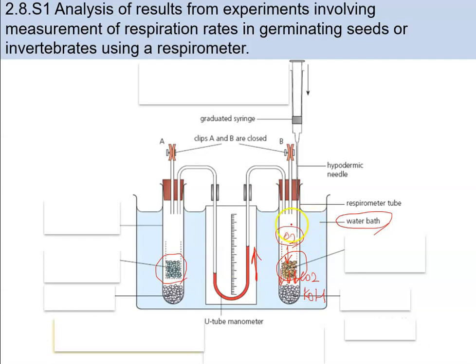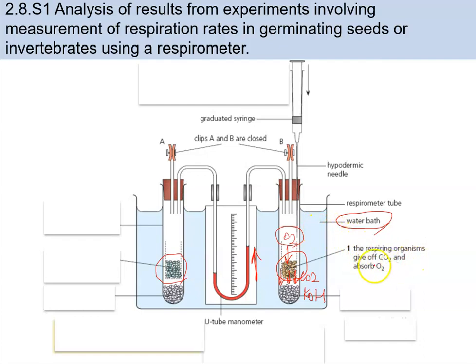It makes more movement of the gas molecules, and in that case will affect the movement of the oil, and it affects the pressure. That's why we use the water bath, to keep a constant temperature, not to be affected by the temperature.